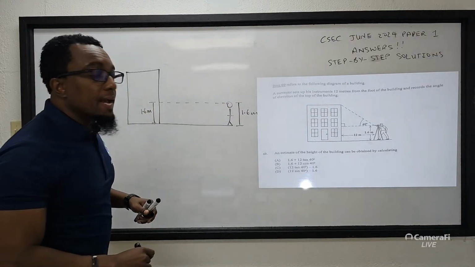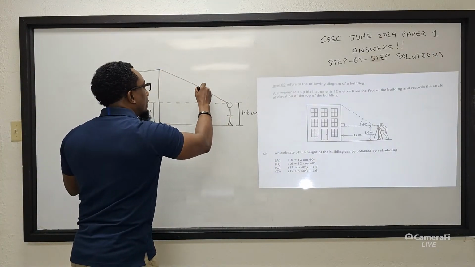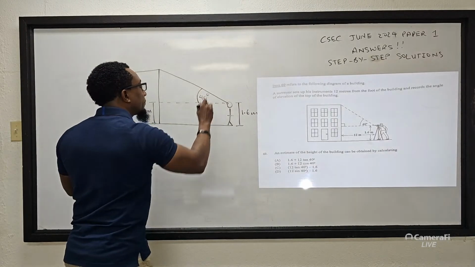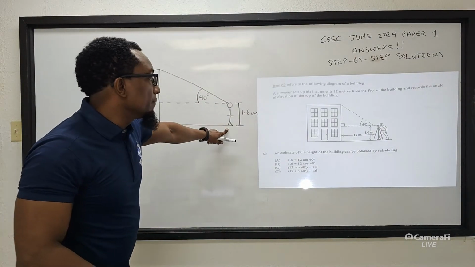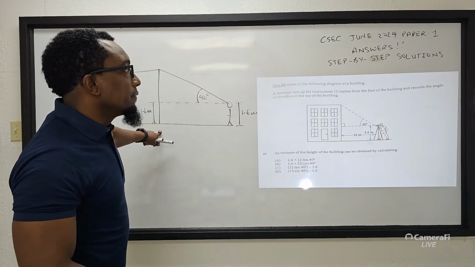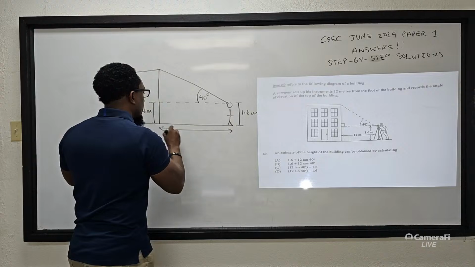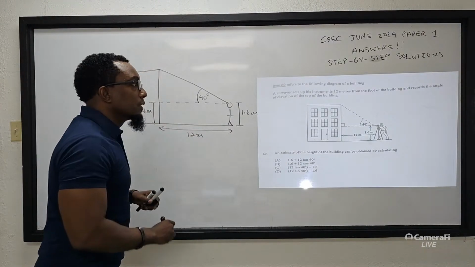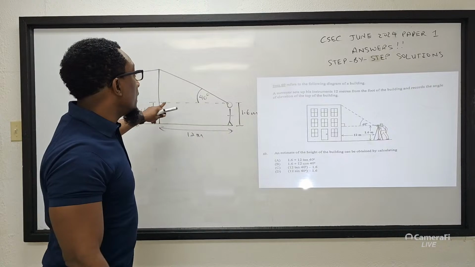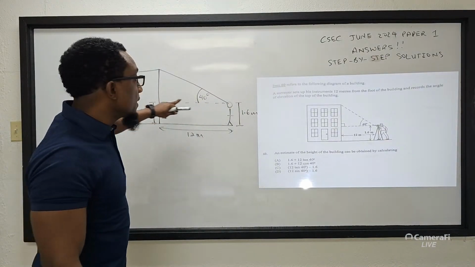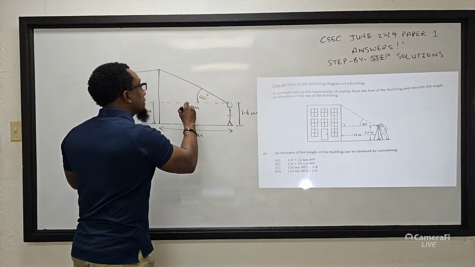The angle of elevation to the top of the building is 40 degrees. The distance from the surveyor to the foot of the building is 12 meters. So this is 12 meters. I expect this horizontal line of sight, from the surveyor's eye, to also be 12 meters.